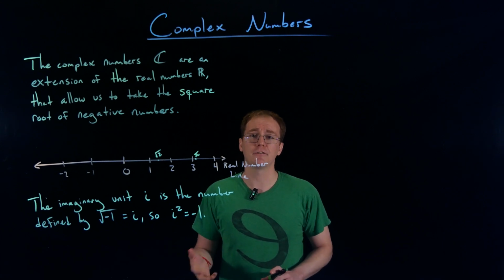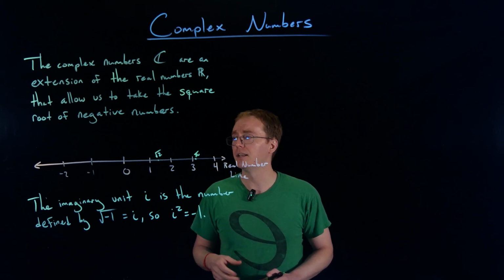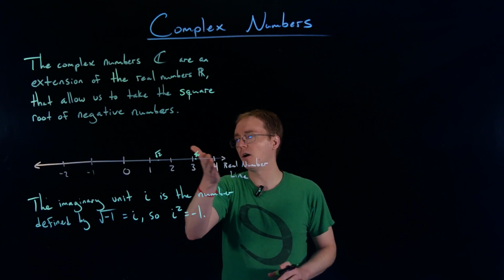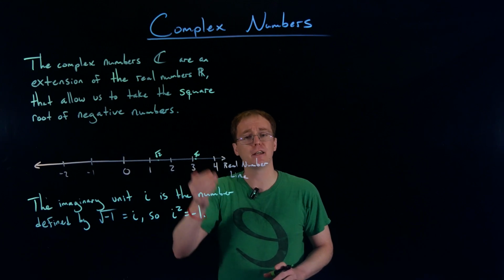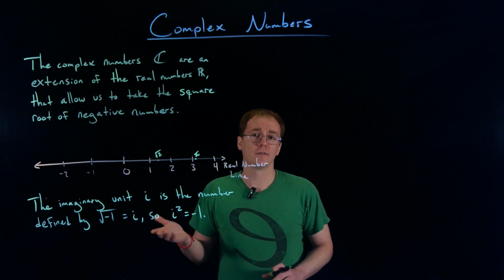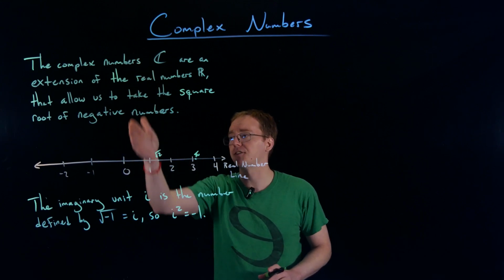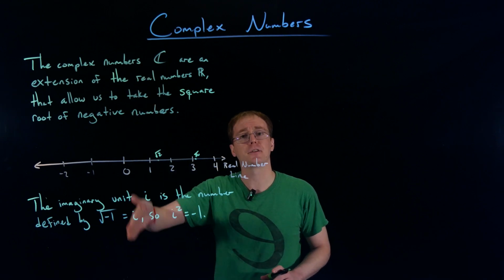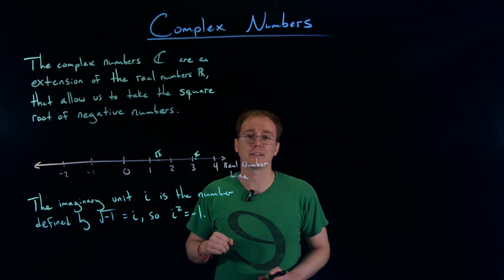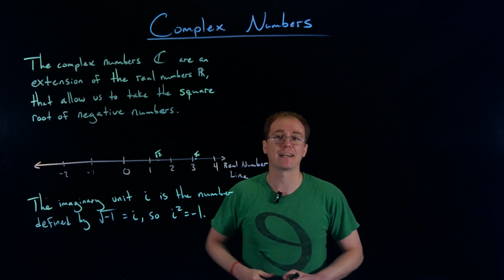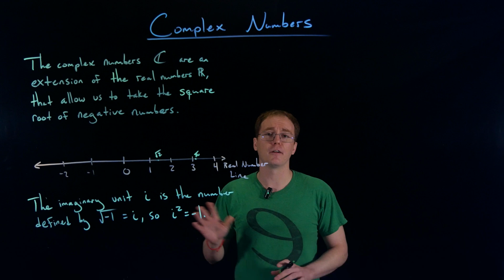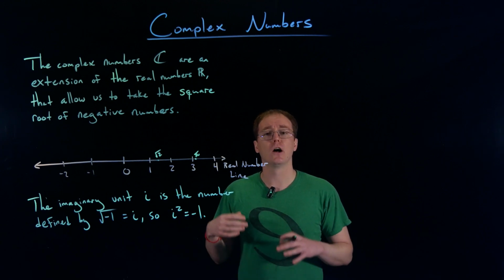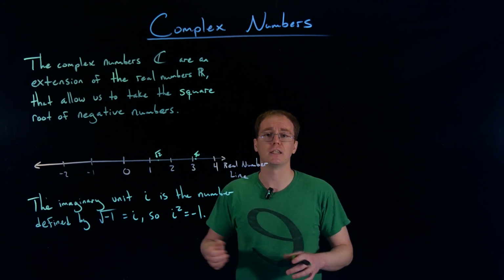But what's really interesting, if you want to take a deeper look at it, is essentially there's no spot on this axis for these square roots of negative numbers. They don't fit on the real number line. So the solution to that is we introduce a second axis perpendicular to this that we call the imaginary axis and put those numbers on that axis instead. That actually makes everything work out very nicely, but unfortunately it's outside of the scope of what we're going to be doing with complex numbers in this class.